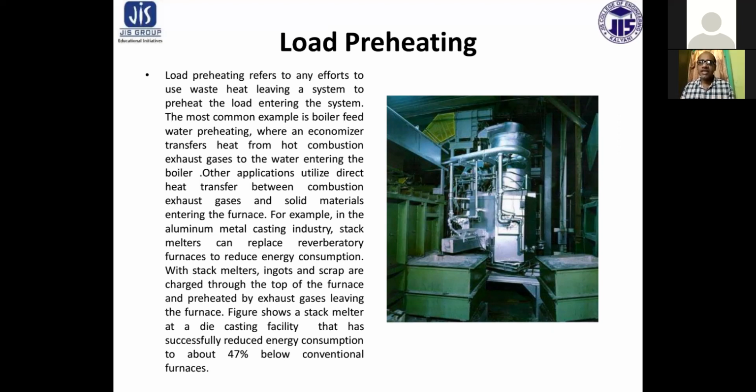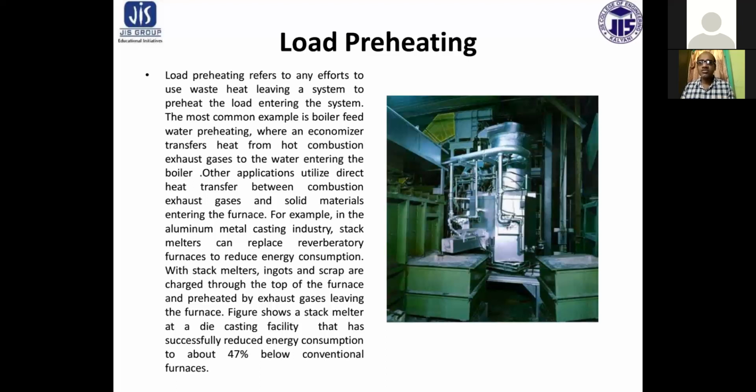That means the reverberatory furnace energy consumption we can reduce with stack melters, while introducing ingots and scraps through this furnace, so some amount of heat can be taken and preheated by exhaust gases leaving the furnace.